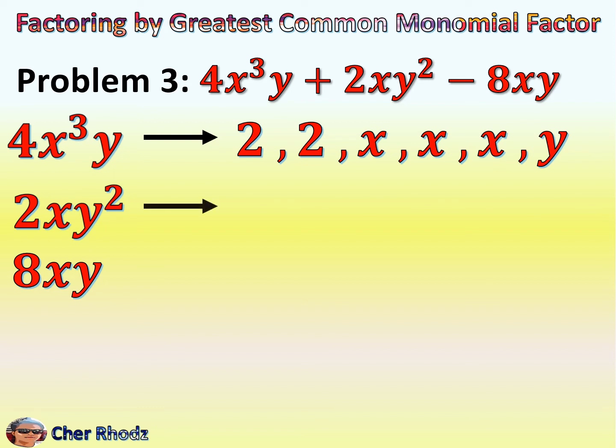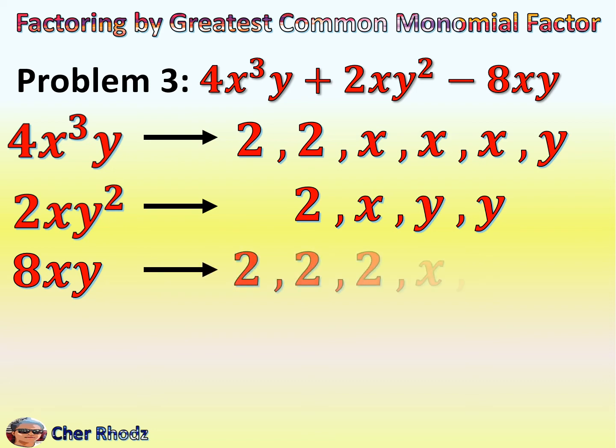The factors are 2, x, y, y. And how about our third term, which is 8xy? What are the factors? The factors are 2, 2, 2, x, y.